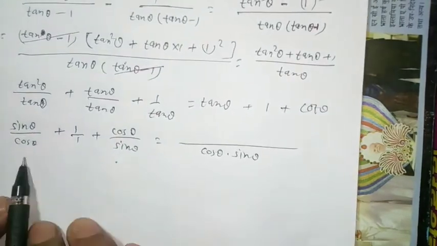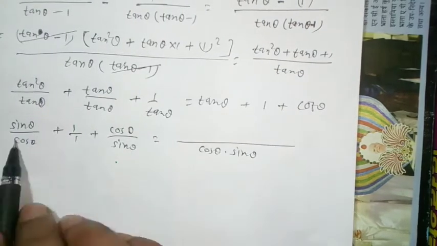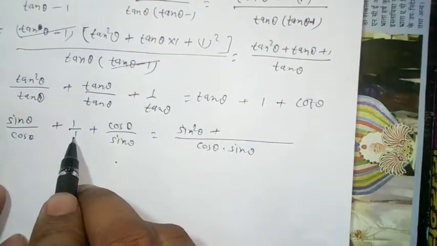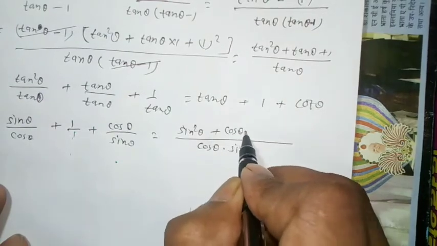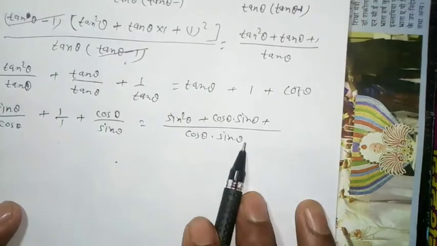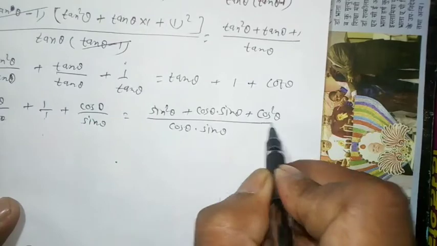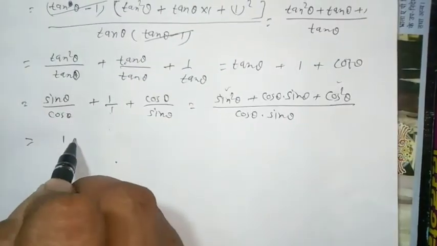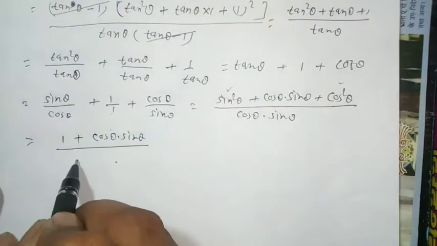If we divide cos theta into sin theta by sin theta, we get sin square theta, plus if we divide cos theta into sin theta by 1, we get cos theta into sin theta, plus sin theta by... and cos theta into sin theta divided by sin theta, we get cos square theta. Sin square theta plus cos square theta is equal to 1.